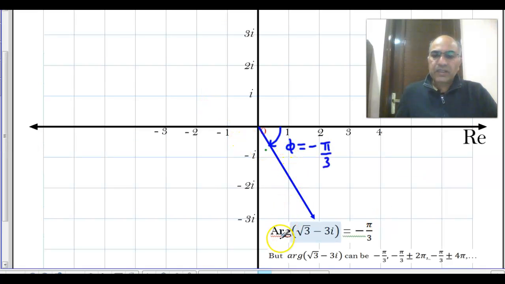Similarly, we have discussed that the principal argument of root 3 minus 3 iota is minus pi by 3, but its argument can be minus pi by 3, minus pi by 3 plus minus 2 pi, minus pi by 3 plus minus 4 pi, as we can measure this from the positive real axis in this direction also, and we get this angle is 2 pi minus pi by 3.